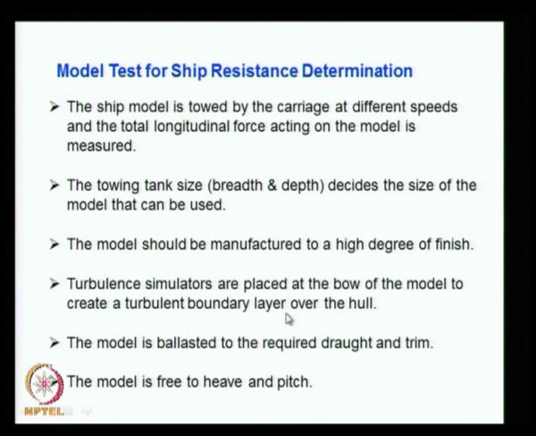It is difficult to maintain the kinematical similarity because you are not in a position to satisfy the Reynolds number for ship and model. But you know that the Reynolds number of the model is very low compared to the Reynolds number of the ship, and if the Reynolds number is less than 10 power 5, the flow is in the laminar region, or if the Reynolds number is more than 10 power 6, it is in the turbulent region.